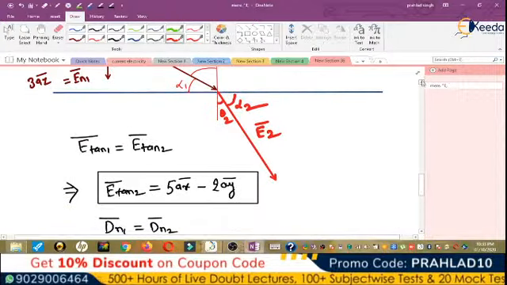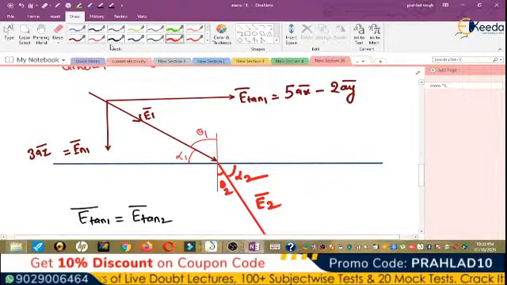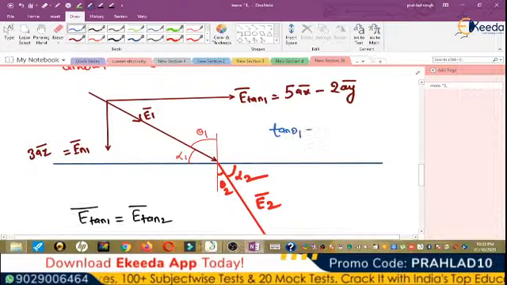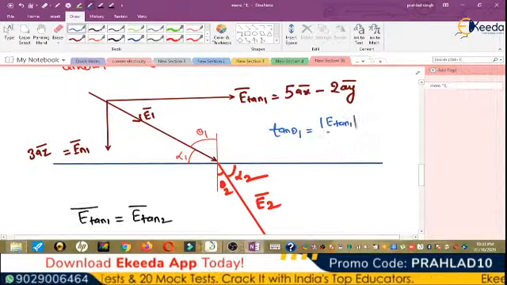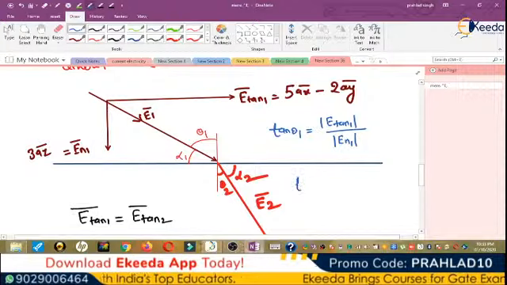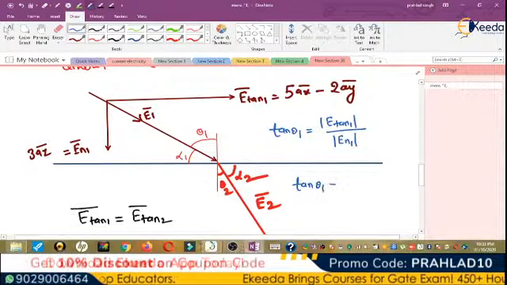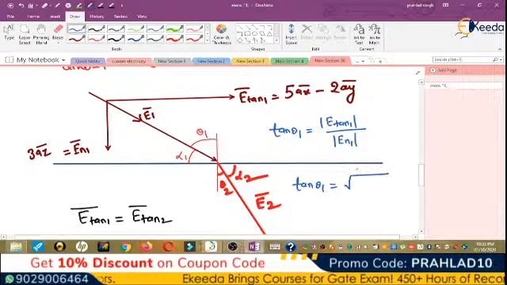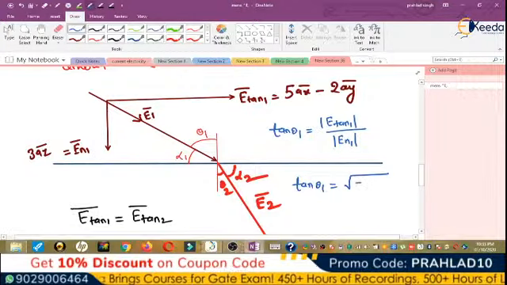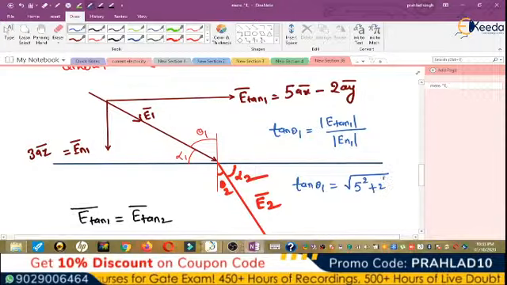So the value of tan theta 1 from here is mod of Etan1 divided by mod of En1. What is mod of Etan1? It is under root of 5 square plus 2 square, divided by 3.